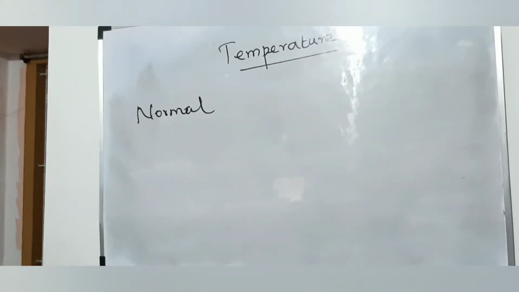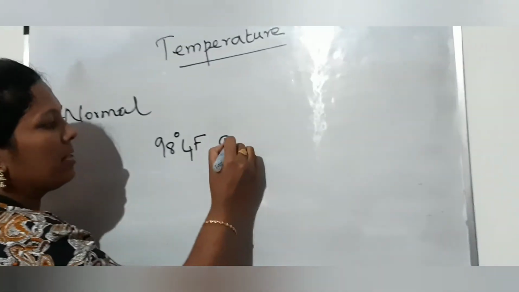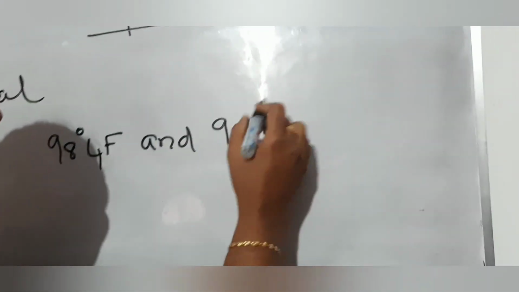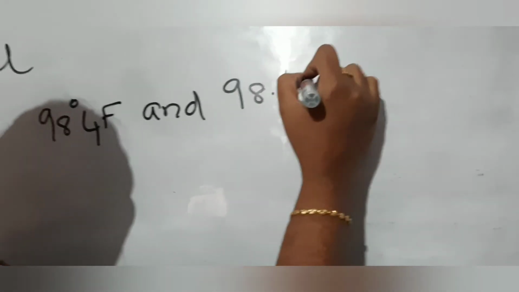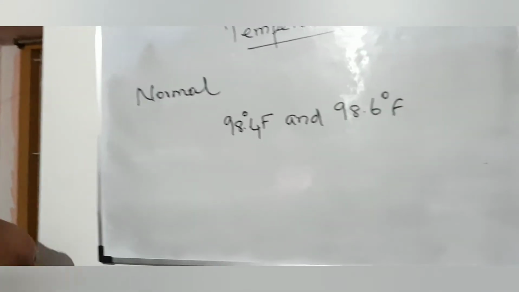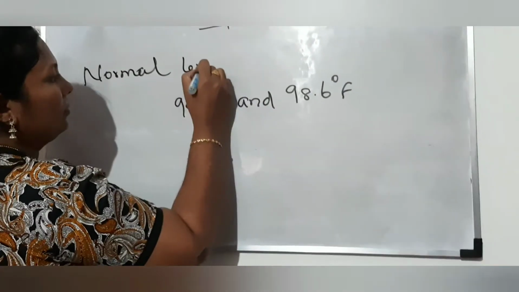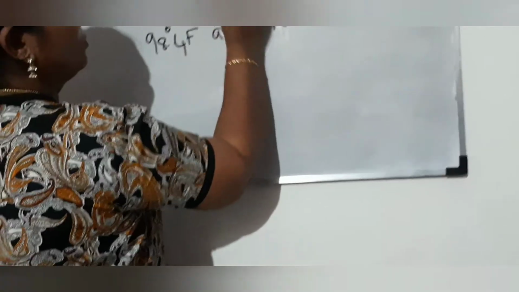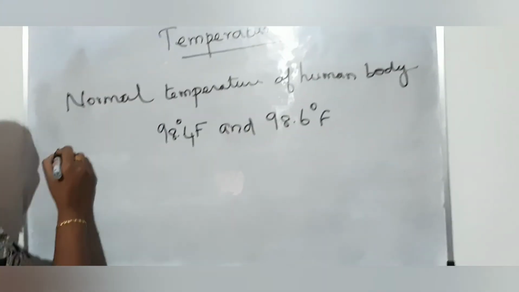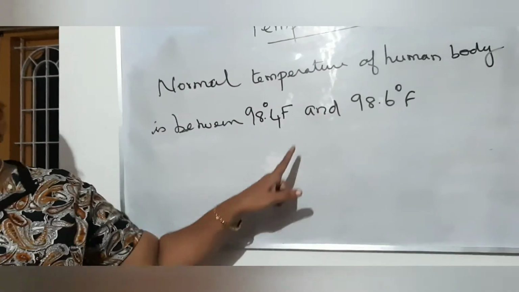The normal temperature of the human body is between 98.4 degree Fahrenheit and 98.6 degree Fahrenheit.